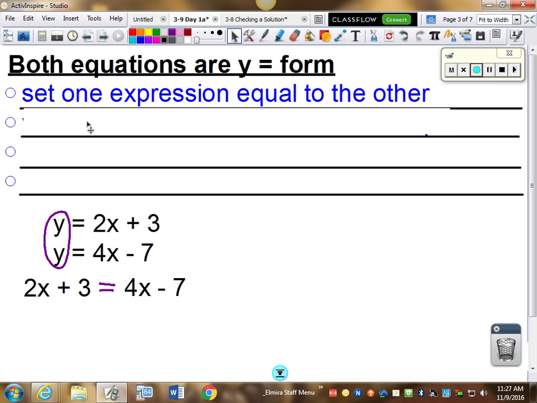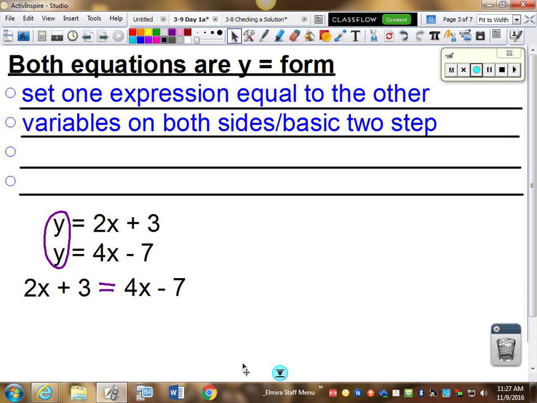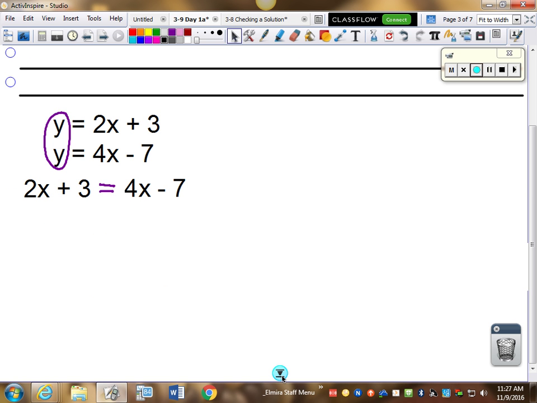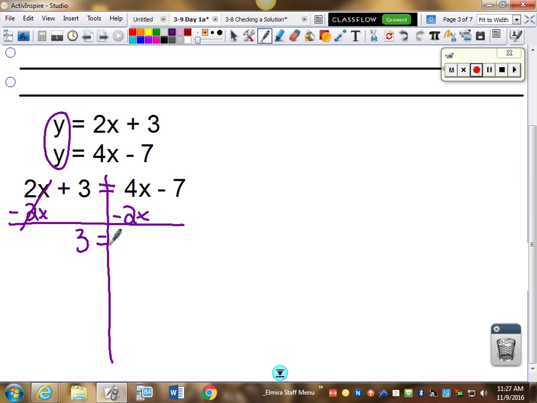Now what I have is an equation to solve where I have variables on both sides, and I'll do a basic two-step. So let me scroll down so I can fit all this. So 2x, I'll subtract that on each side. And I get 3 equals 2x minus 7. Then I've got a two-step.